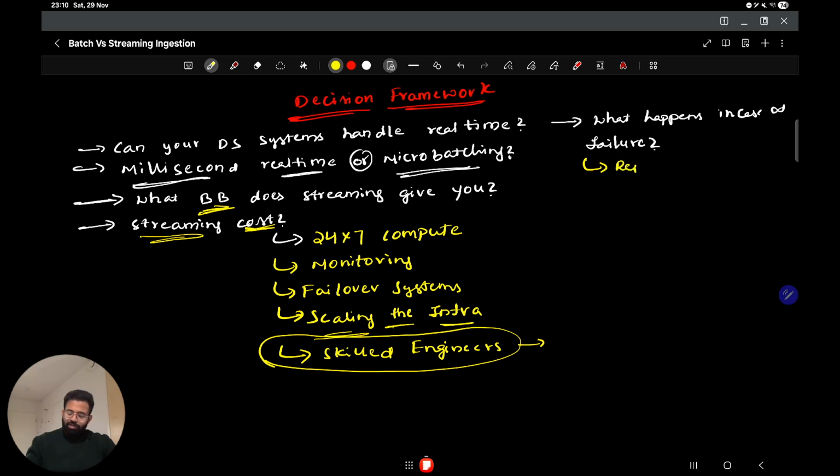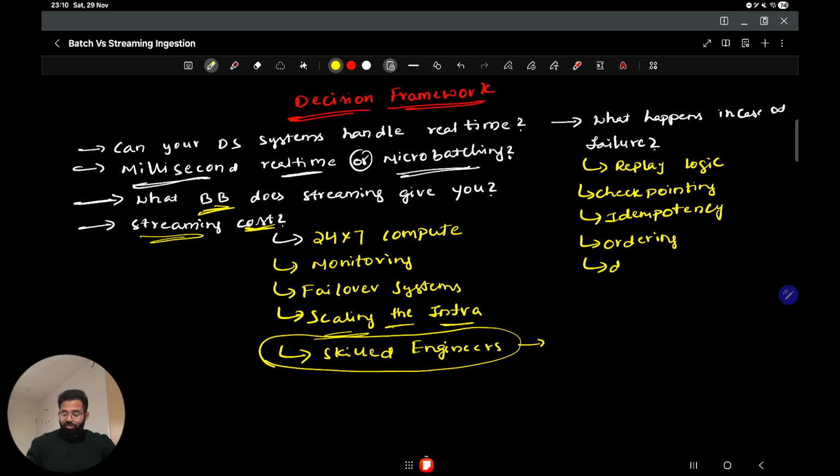For example, you need to think about replay logic, and about checkpointing. You don't want to process the same data again and again, so you need a strategy for checkpointing, and you need to consider idempotency. Then you also need to worry about ordering the events, and think about durable queues.